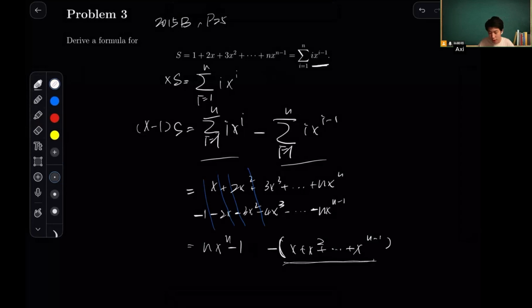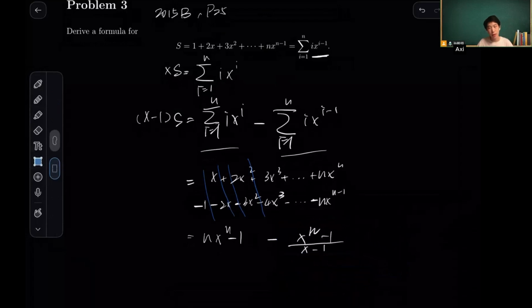That means even though it is not technically constant, because there's a variable in it, we successfully made the coefficients constant and easy to deal with. So now this part can be represented as x times (x^n minus 1) over x minus 1.